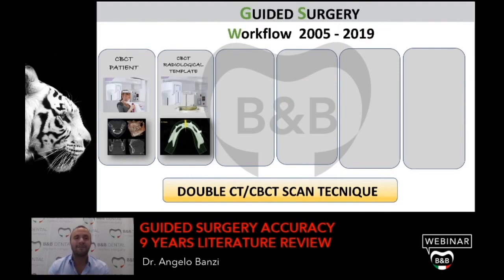just to refresh, to have an idea of what we are talking about in this system. The guided surgery technique has got a workflow, and the first workflow was made by Daniel Vanstenberg, starting by using 2 files coming from a double CT scan. The first file is the patient wearing the radiological template. It's a DICOM file.